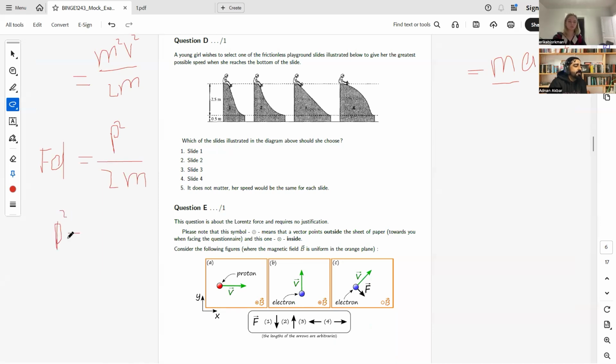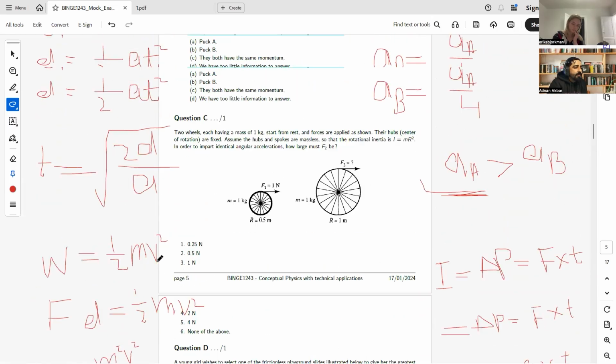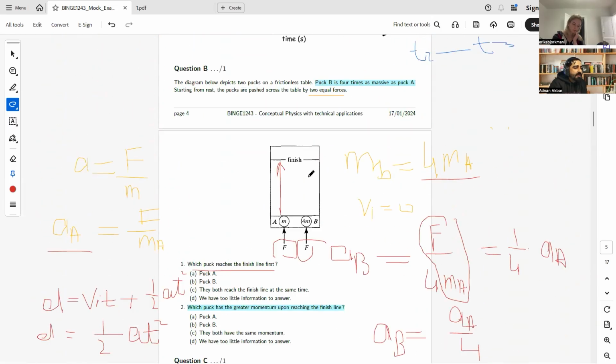So here I need to isolate the momentum. P square is equal to 2m Fd. Taking square root on both sides, our equation will become p is equal to square root of 2m Fd. And keep in your mind, both are actually having the same distance to be covered.